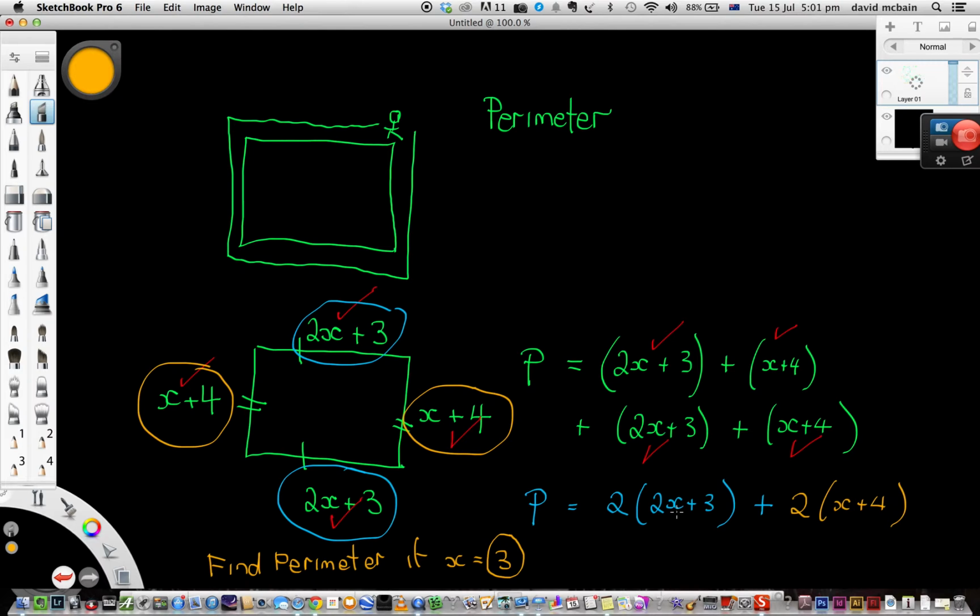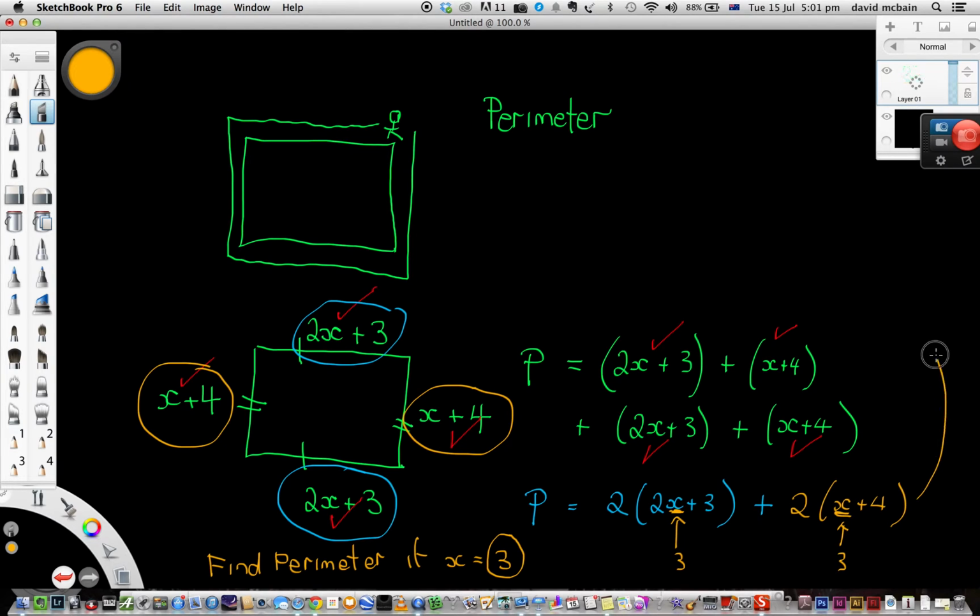So wherever we see an x, which is here and here, we would need to substitute the value 3 where we see that x, like this.